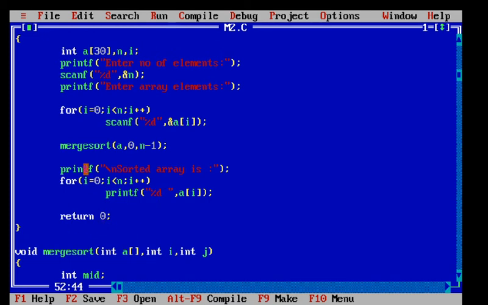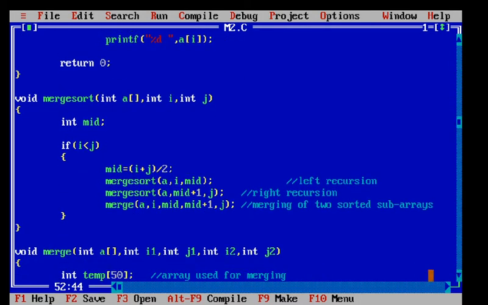Now the control jumps to this merge sort function. Here we take a mid variable of integer type and check if i is less than j. Suppose the value of i is less than j, then we find mid equal to i plus j upon 2. i is the lower bound and j is the upper bound of this array.